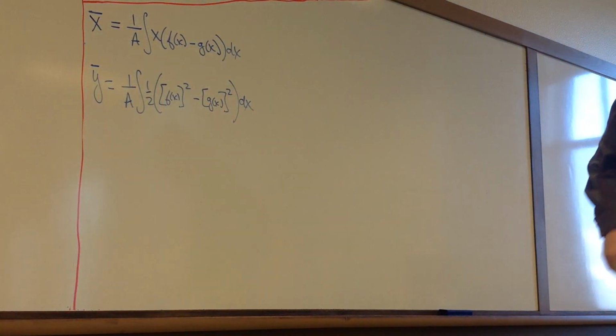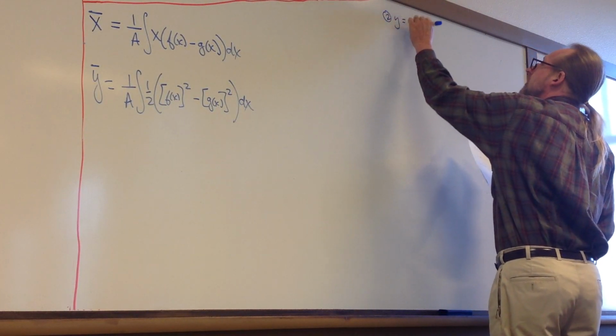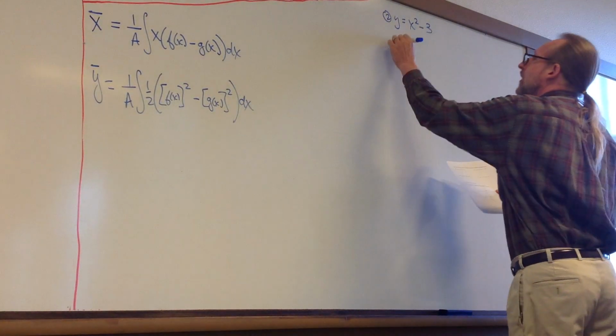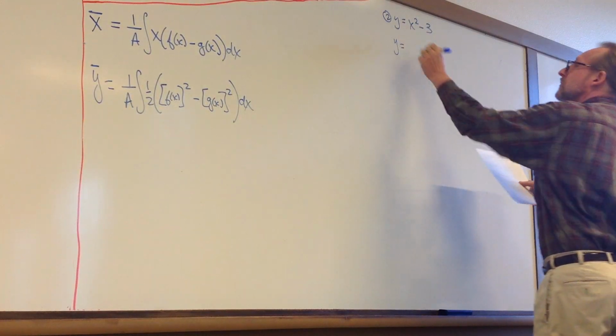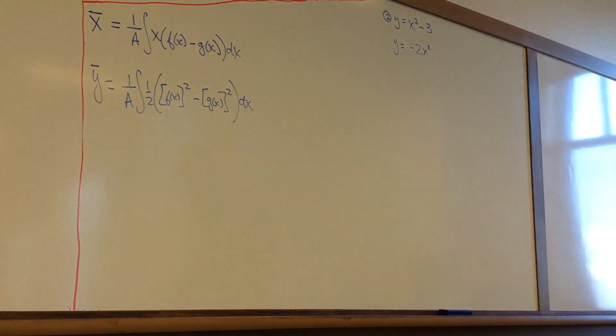Let's see. So, problem 2, we start out with y equals x squared minus 3 and y equals negative 2x squared. So again, I encourage you to use the graphing calculator to take a look at these.